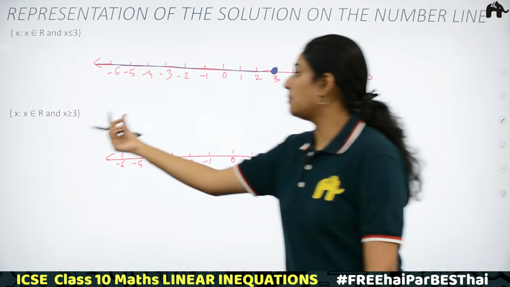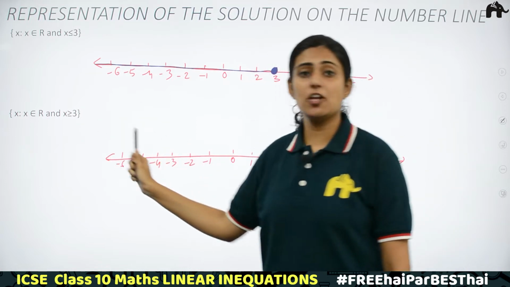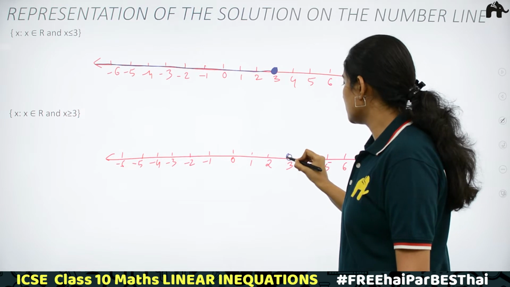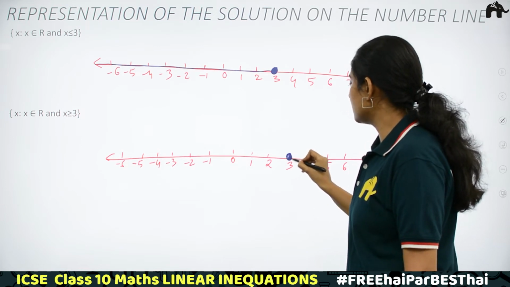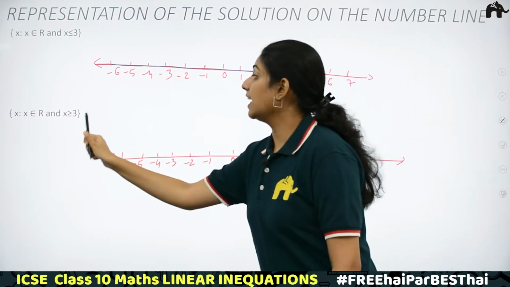Find the point 3. Here we have 3. X greater than or equal to 3 means 3 is included. Darken this point. So, this is a closed circle or darkened circle. Then, x greater than 3.